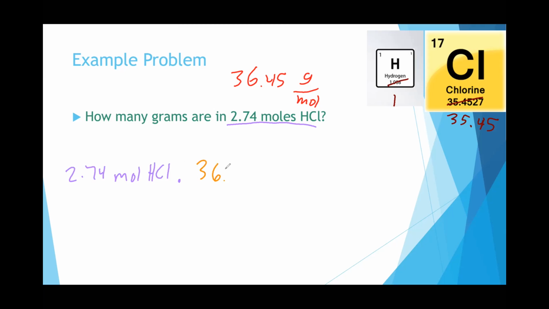So we have 36.45 grams of HCl per 1 mole of HCl. The moles cancel out. We multiply 2.74 times 36.45. We get around 100. And then the units that are left is grams of HCl. So that's our answer. So that's how you do one of these problems. Pretty basic.